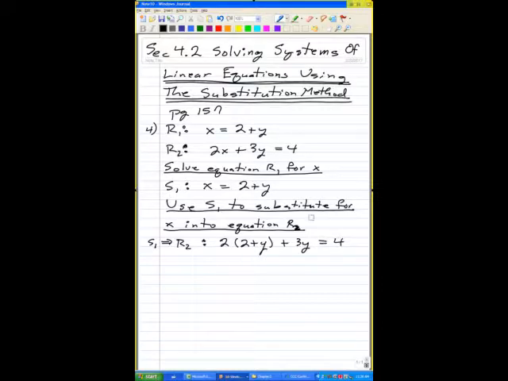equals 4. Okay, so now let me simplify this. So let me multiply the 2 inside the parentheses.